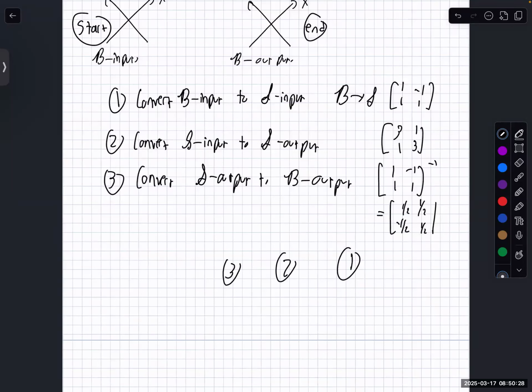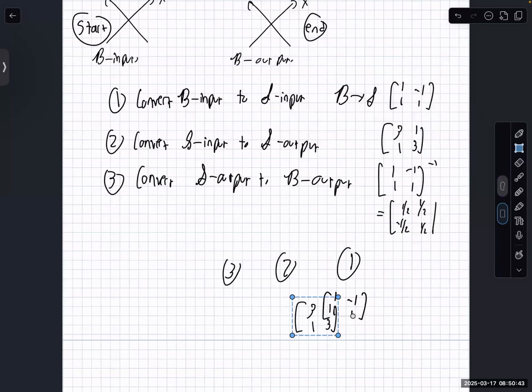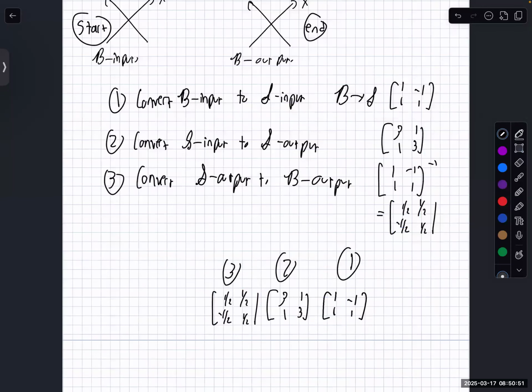Then we talked about if we have a multi-step process, we have a matrix that represents each step. We've got a way to combine those matrices to make it a one-step process.